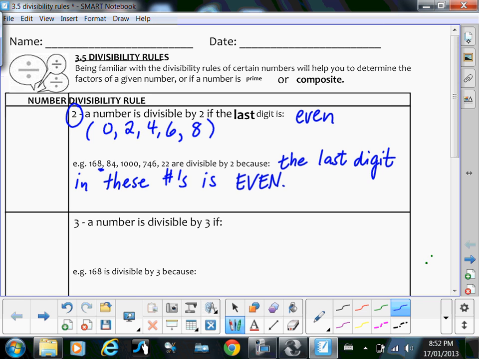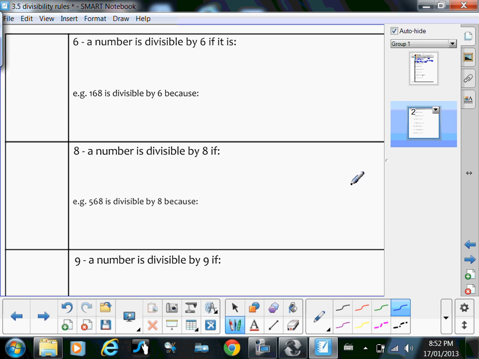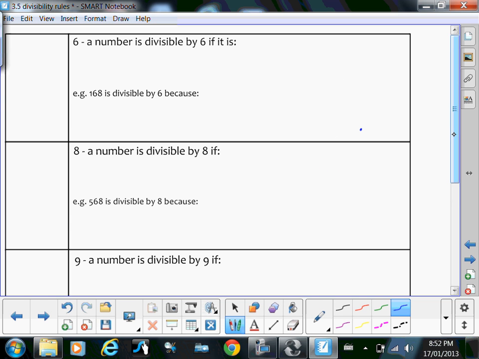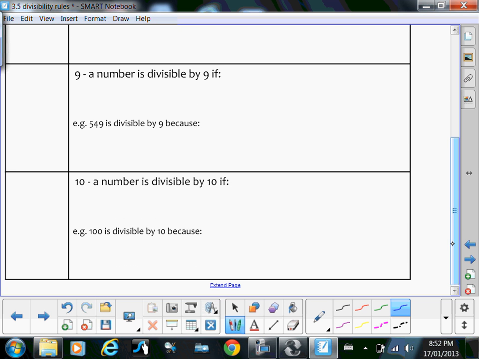Now, I'm going to skip to other divisibility rules you are familiar with already. I'm going to go to the other side of the page, all the way down to the divisibility rule for 10, because this is also an easier rule to remember. A number is divisible by 10 if the last digit is 0.